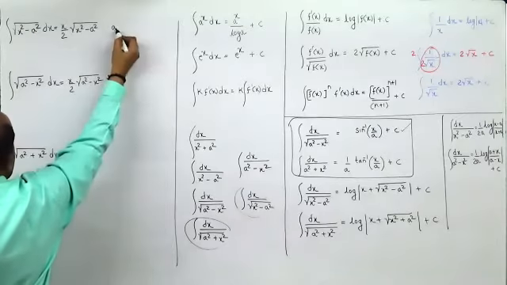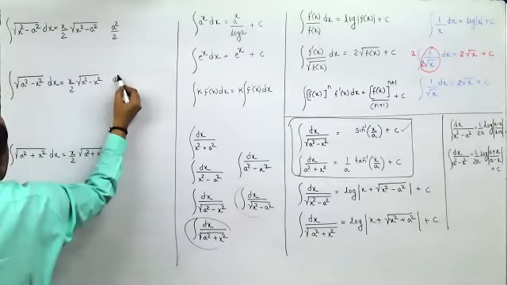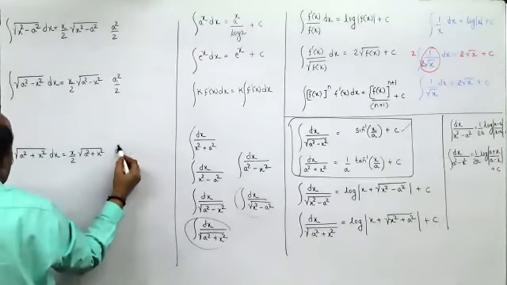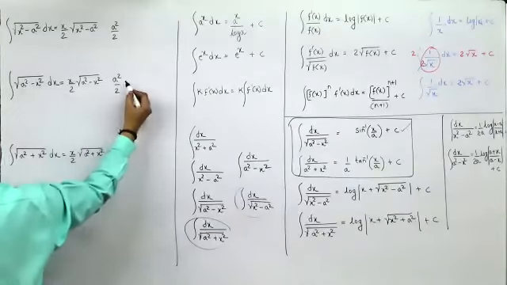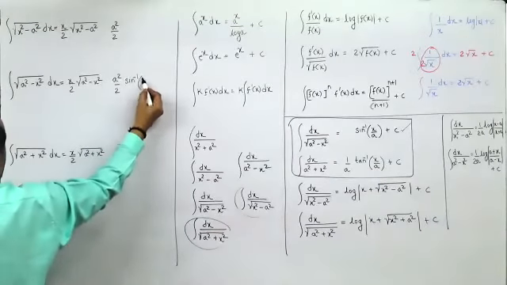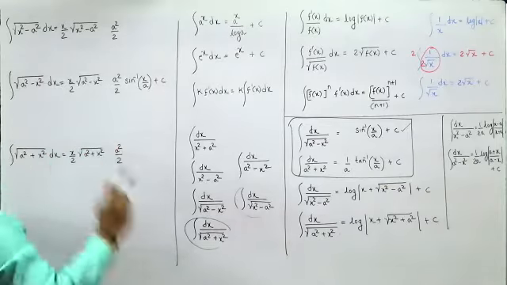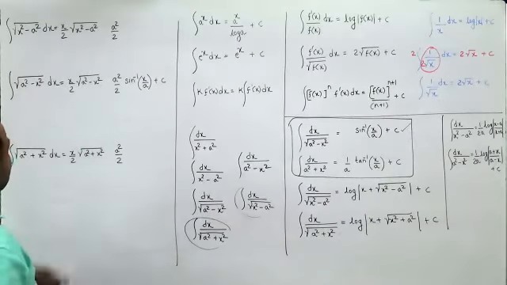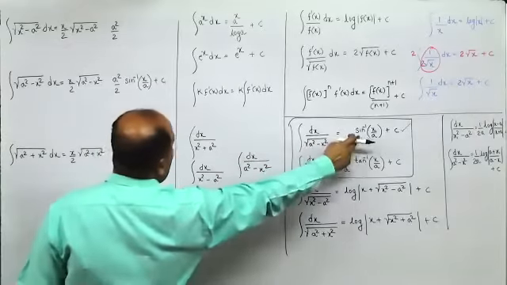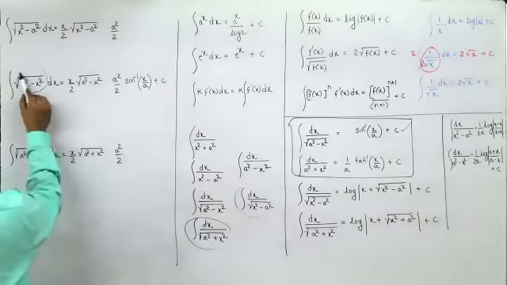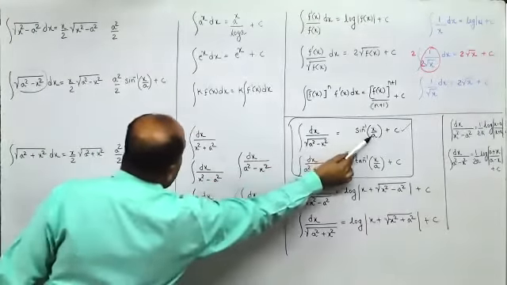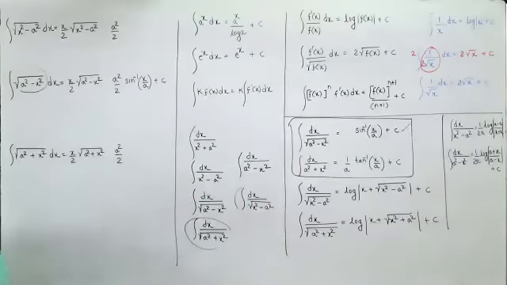Then the second term would be a square upon 2 everywhere. This would be sine inverse x by a. I wouldn't have touched upon this if this wouldn't have appeared in the definite integration section. This formula is there in the definite integration section, and this is based on this: a square upon 2 sine inverse x by a, for root a square minus x square.